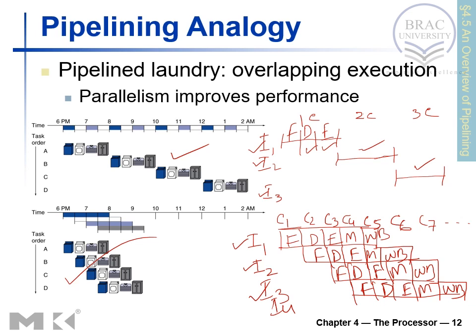Again, at clock cycle 4, instruction 1 is performing the memory operation, instruction 2 is performing execution, and instruction 3 is performing decode. So fetch is again free, and we can feed instruction 4 into the system to work in the fetch hardware, and this process would continue.